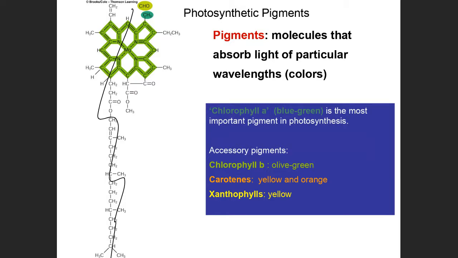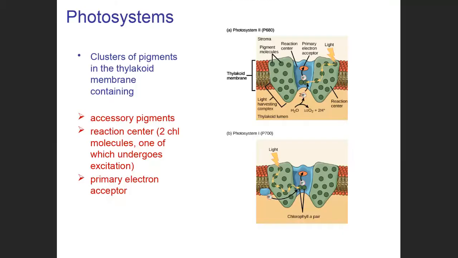Let's look at, I'm going to come back again to this, okay? Because here's the thing. You see those photosystems that I told you exist in those membranes, photosystem 1 and 2. Here is the anatomy of those photosystems.